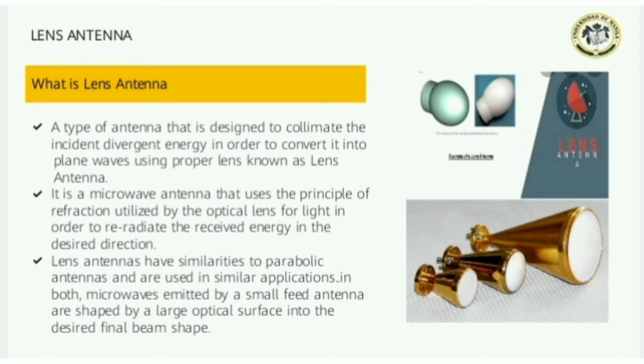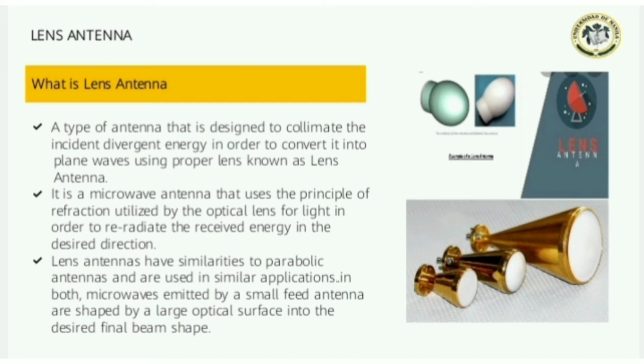Also, lens antennas have similarities to parabolic antennas and are used in similar applications. In both, microwaves emitted by a small feed antenna are shaped by a large optical surface into the desired final beam shape. They are used less than parabolic antennas due to chromatic aberration and absorption of microwave power by the lens material, their greater weight and bulk, and difficult fabrication and mounting.